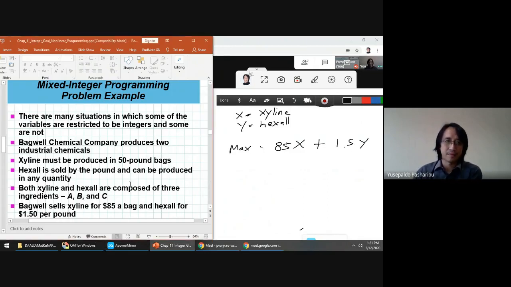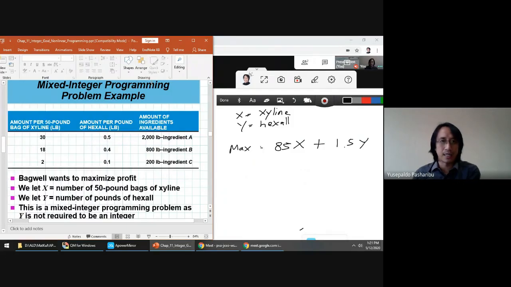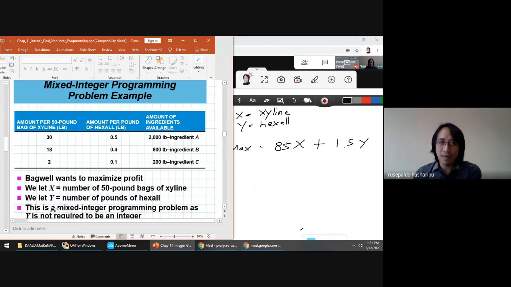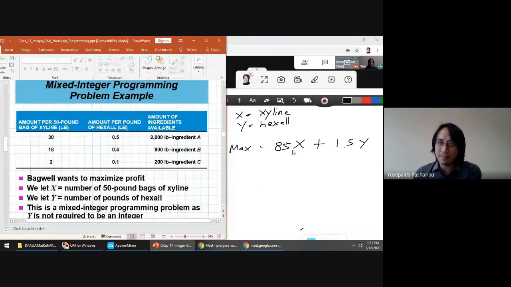Buckwell wants to maximize profit. So exactly, we got the maximum profit function or objective function: 85x plus 1.5y. Let x be the number of 50-pound bags of xylene and y the number of pounds of hexal.